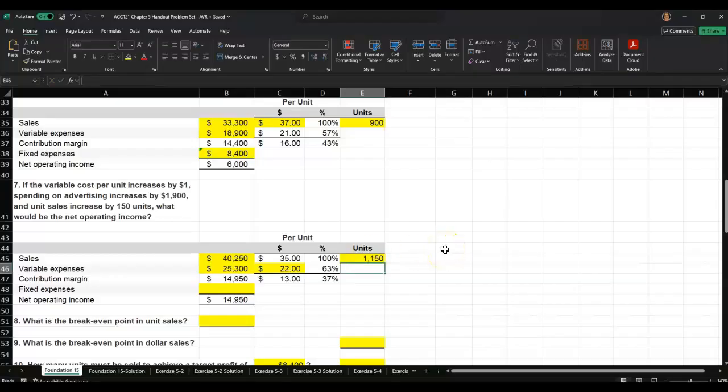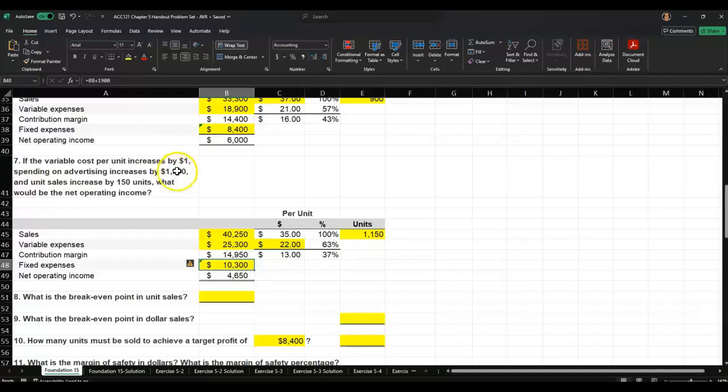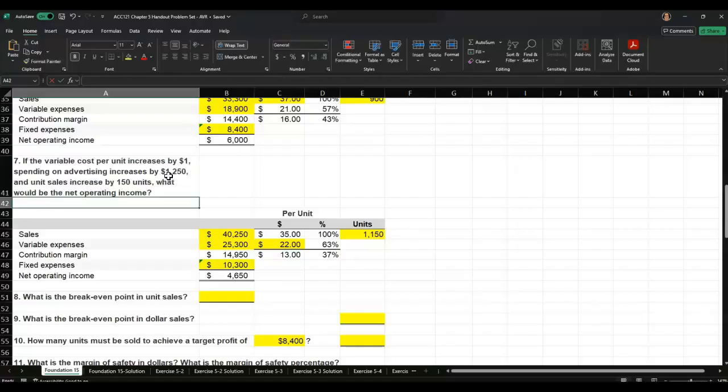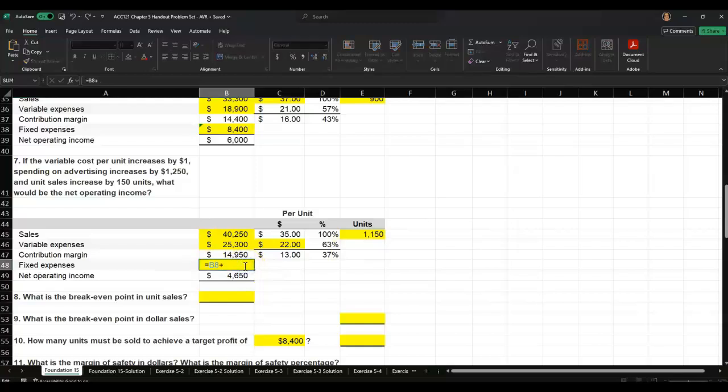All right, so it should be 1150. Now, that 1900 really should be... I forgot to update this narrative up here. Sorry. That should be 1250. Yeah, should be 1250. There we go.